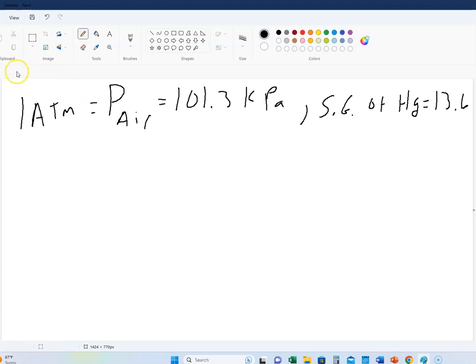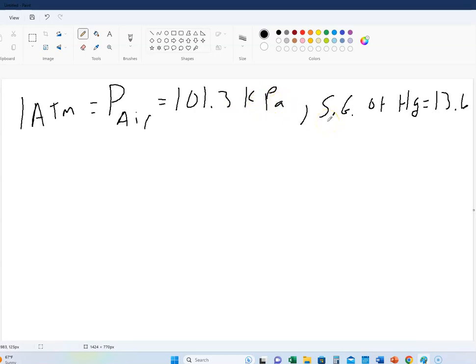They also use an atmosphere of pressure in chemistry. But what that is in pascals is 101.3 kilopascals, or 101.3 times 10 to the third pascals.